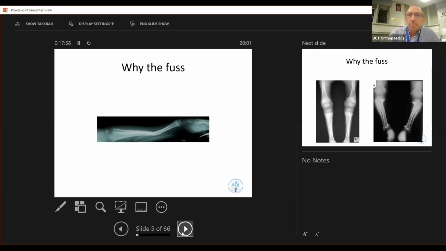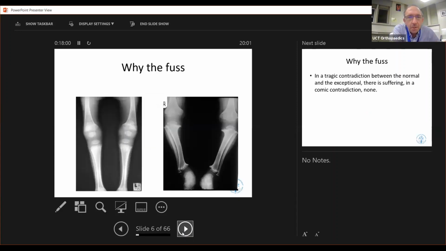So just quickly, on the left-hand side, there seems to be a fairly obvious metaphyseal deformity of the distal femurs, both sides. It's obviously Rickets. And at this stage, probably fairly easy to identify where the problem is and how to address it.